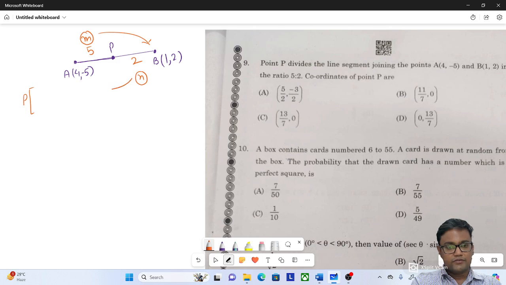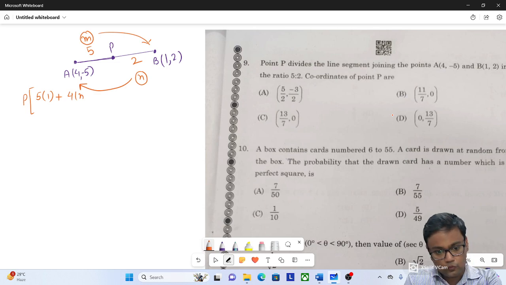mx2 plus nx1, you move in this manner. So 5 will be multiplied by 1, that is x2, the second abscissa of the second point. So 5 into 1 plus 4 into 2, n is 2 here, right?